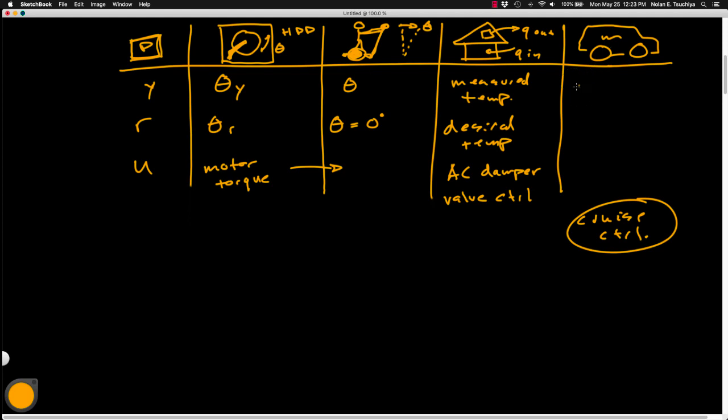So this is your actual speed, and we'll just call that v, the vehicle's velocity. And then when you set the cruise control system to go, what you're basically doing is setting the desired speed, right? So you're setting the reference signal when you push the cruise control on button.